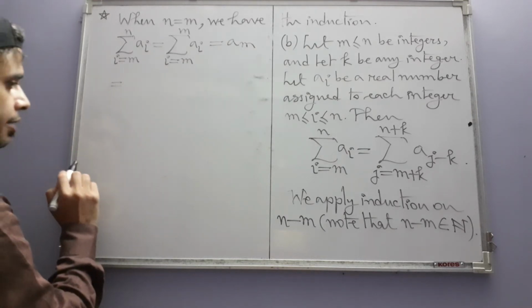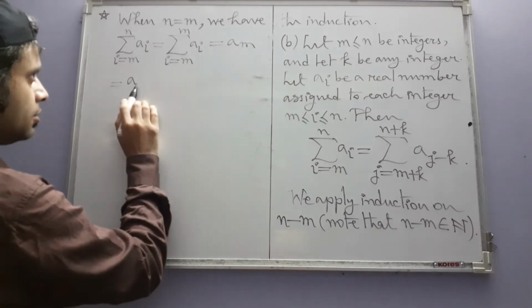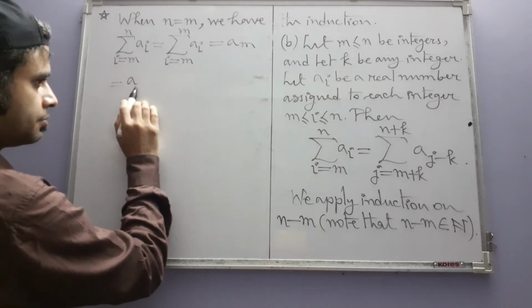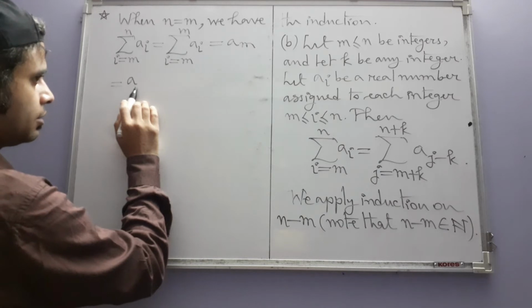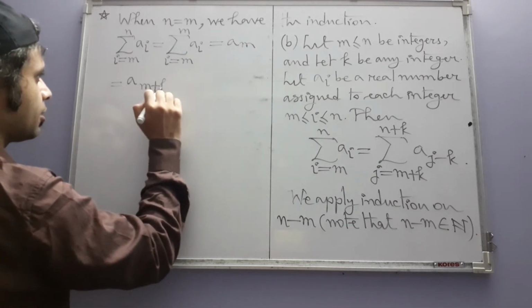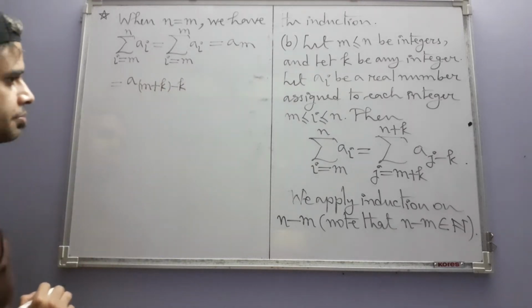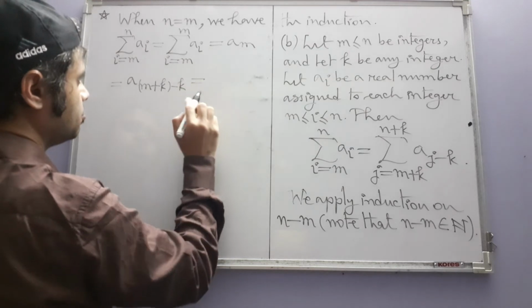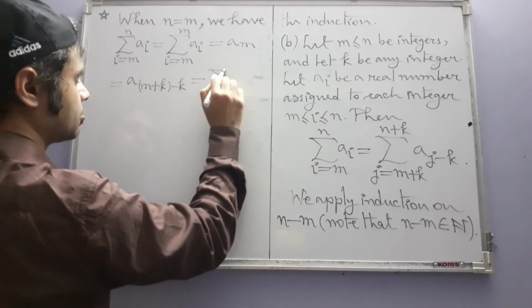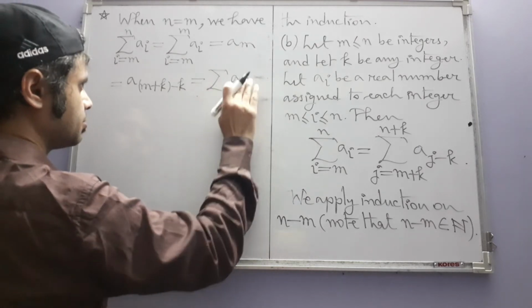Now this a_m can also be written like this: a_(m plus k minus k), which is the sum of this series.